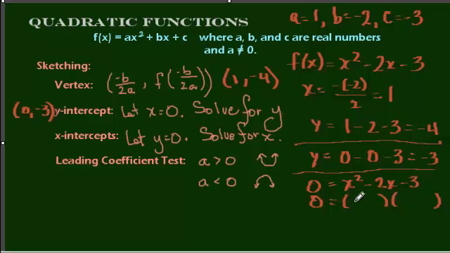So we have, I believe if you factor this, you'll get x minus 3, x plus 1. And so my x-intercepts occur at 3 and negative 1. So writing those down in point form, x-intercepts are 3, 0, and negative 1, 0. And that's how I'll get those points. Now let's look at our graph again.